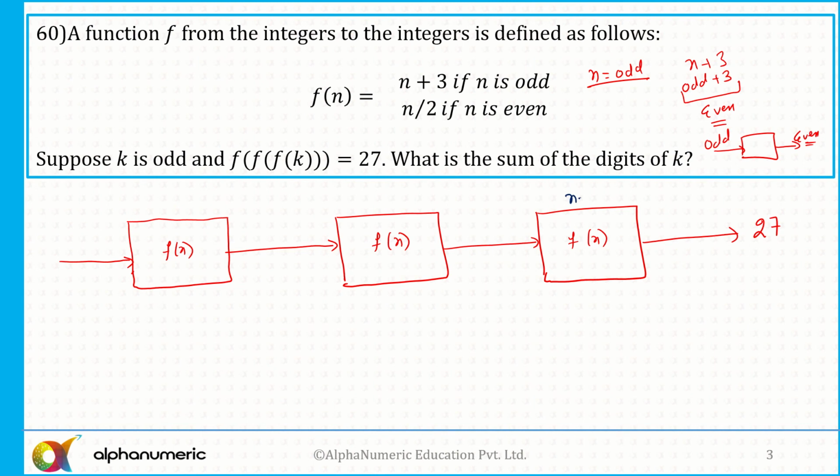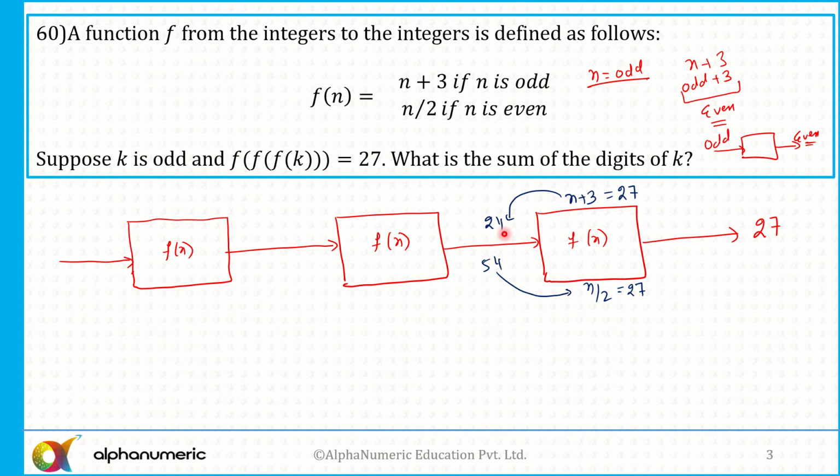It will be processed through n plus 3, or it will be processed through n by 2. So if n plus 3 is equal to 27, that is only possible if n is equal to 24. And if n by 2 is equal to 27, it means n is equal to 54. So the output from the second machine can be either 24 or 54.